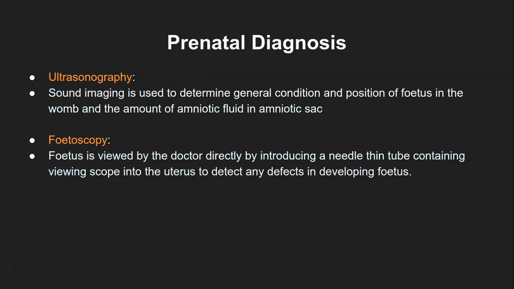In this case, it is done through the vagina, and at the tip of the tube there is a camera which captures pictures around the fetus and gives us an image of the fetus, and then we can check if there are any developmental defects. This is done a few more times so that we know the developmental progress of that fetus.